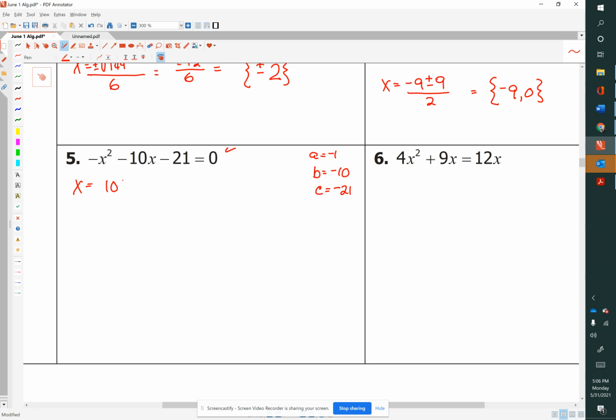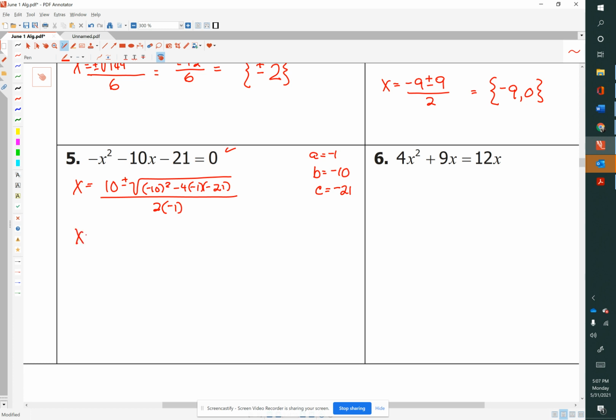So it's 10 plus or minus, we need a nice long radical, parentheses, negative 10 squared minus 4 times negative 1 times negative 21. All of that over 2 times negative 1.